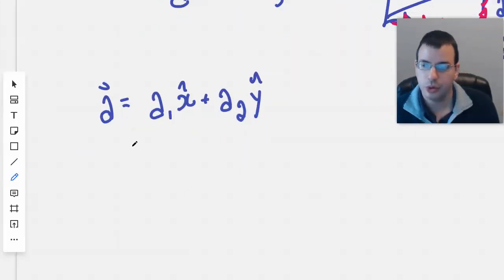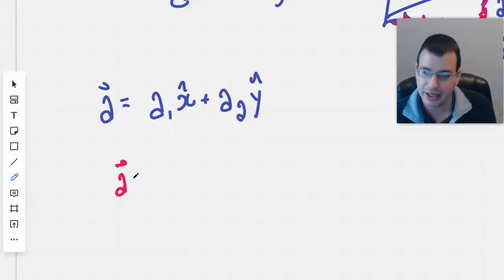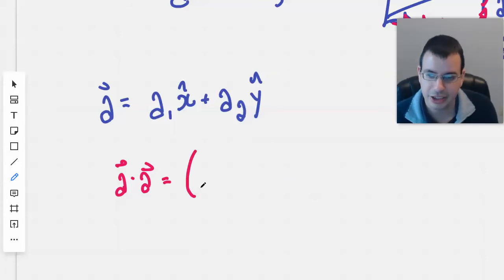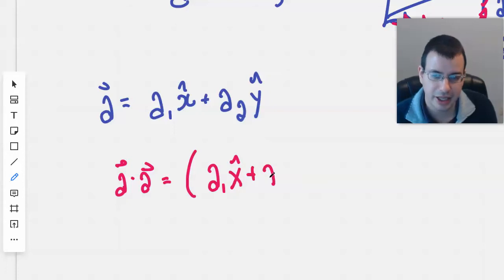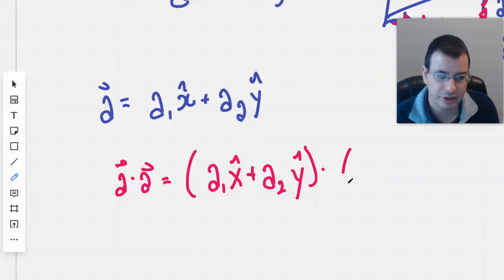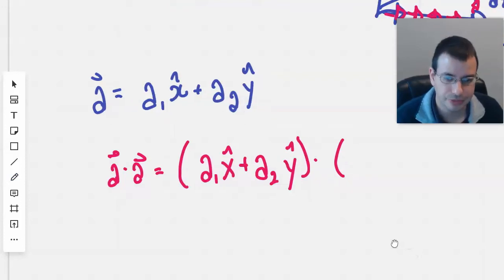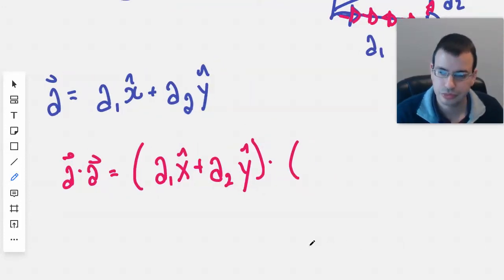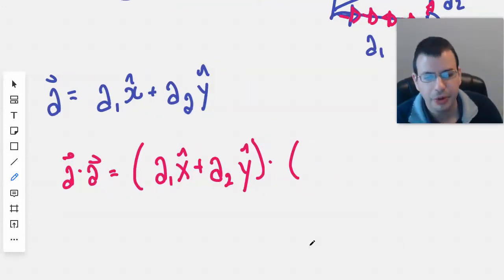So now let's look at this again. If we do A dot A like this, then what we get is something along the lines of (A1 x hat plus A2 y hat) dot (A1 x hat plus A2 y hat). This is the dot product.